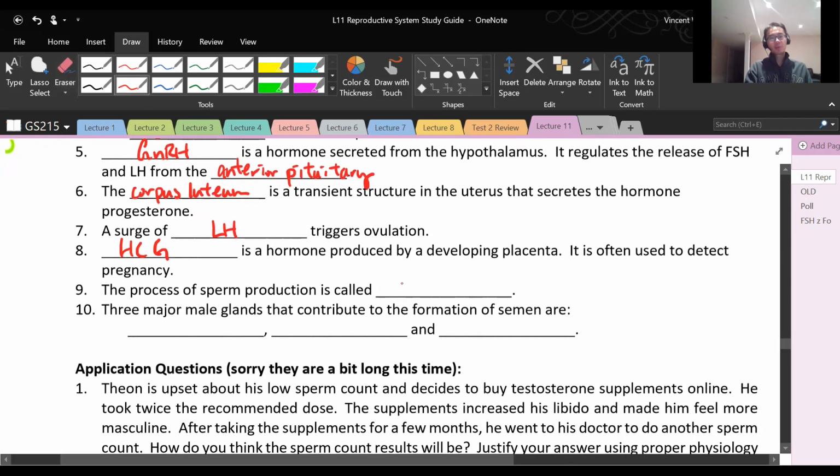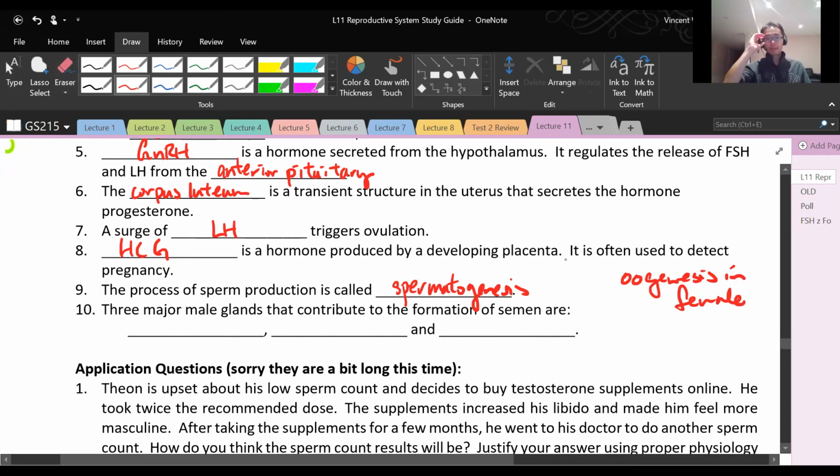The process of sperm production is called spermatogenesis, as opposed to oogenesis in females, right? Both are triggered by FSH.